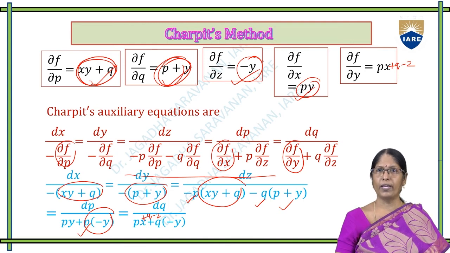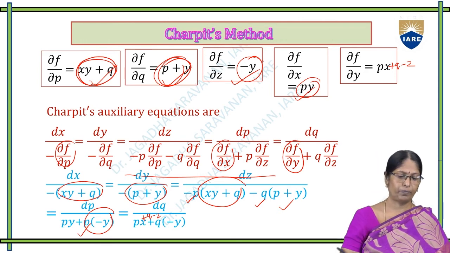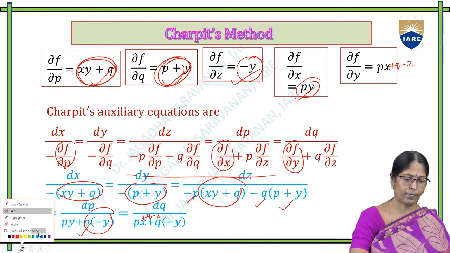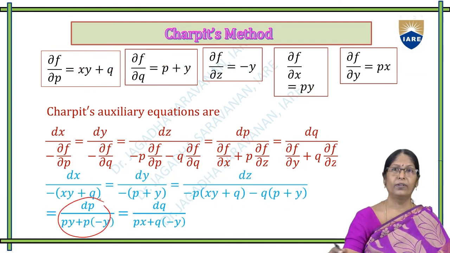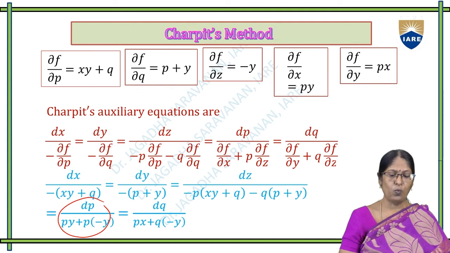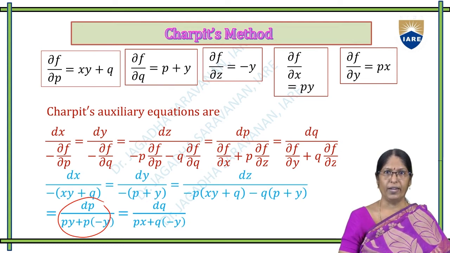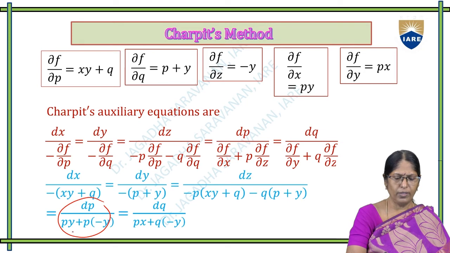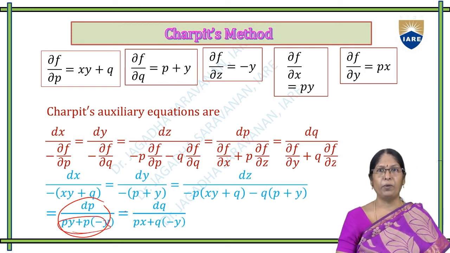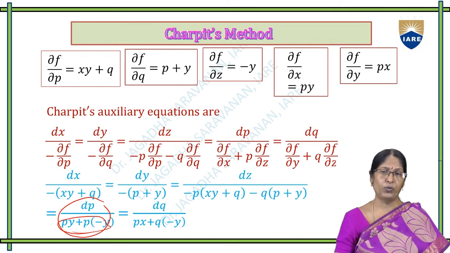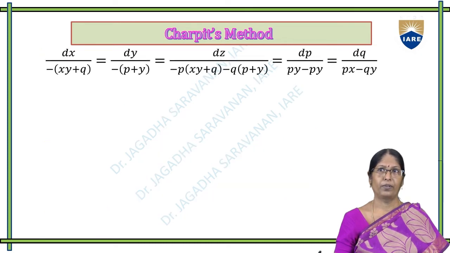The fourth member is dp by py minus py, it is there. This if we add, we are getting dp by 0. So dp by 0 means dp equal to 0. Easy to do integration.